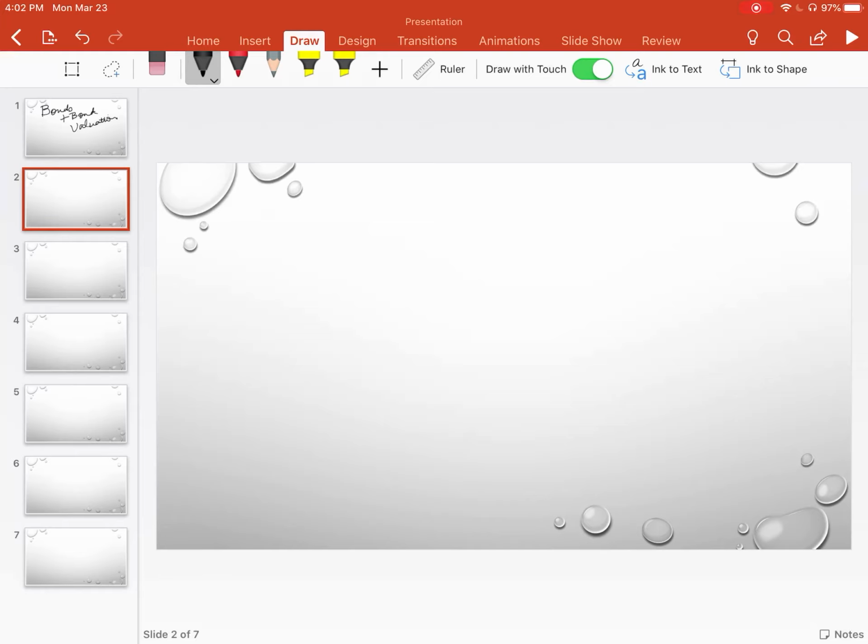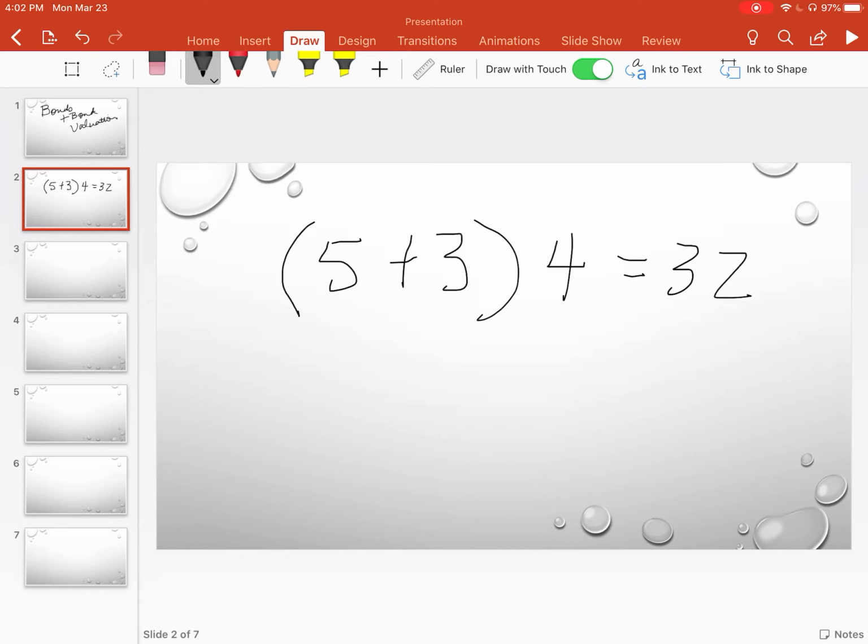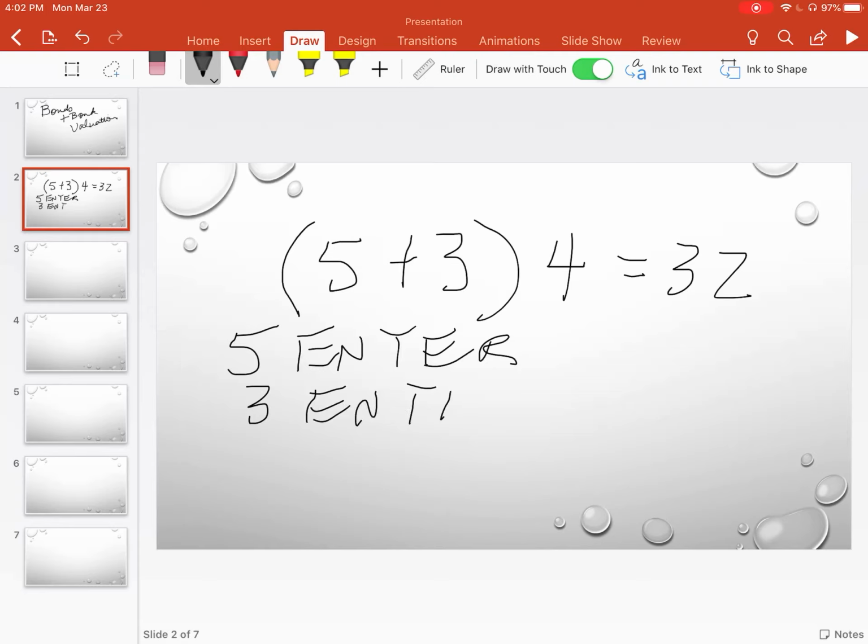So let's just say that we wanted to perform this function: 5 plus 3, times 4. Obviously, that's 8 times 4 is 32, but to use that in the calculator mode, we would typically go 5 and then the enter button, 3, enter, and then plus, because we wanted to add 5 plus 3.